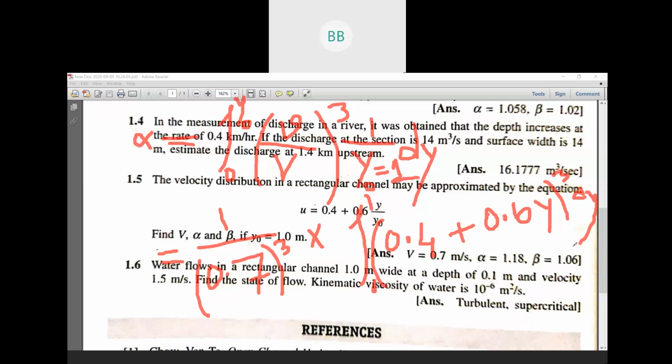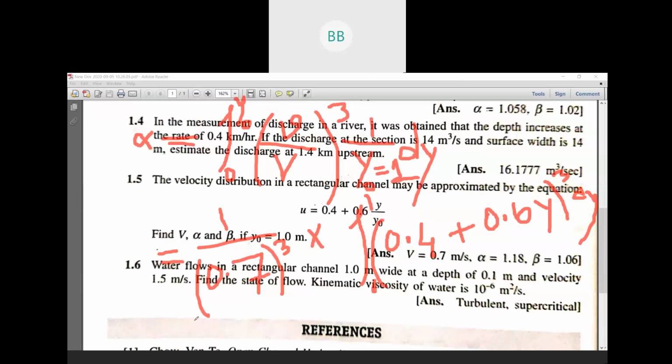To solve this equation, before integration we have to break this out. We have to consider this term as a plus b whole cube, and then take the expression for a plus b whole cube.